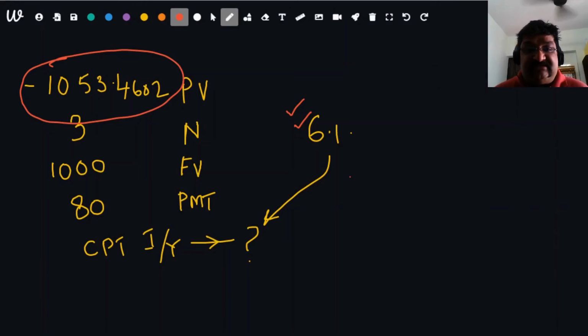This is the screen which shows what we had done using the Texas BA II Plus calculator. That also gave you 6%. Excel also gave you 6%, which tells you that you can replicate the same results using the Texas BA II Plus calculator as well as Microsoft Excel.